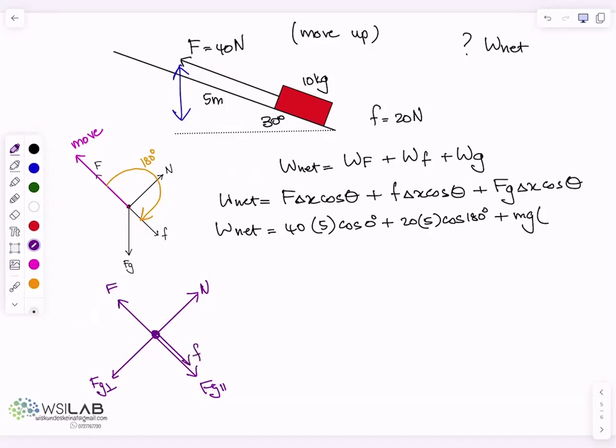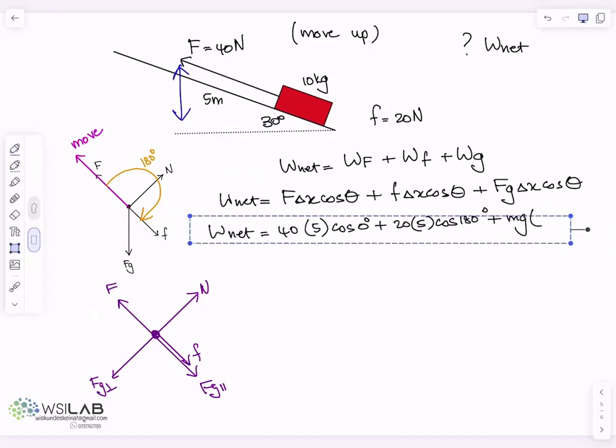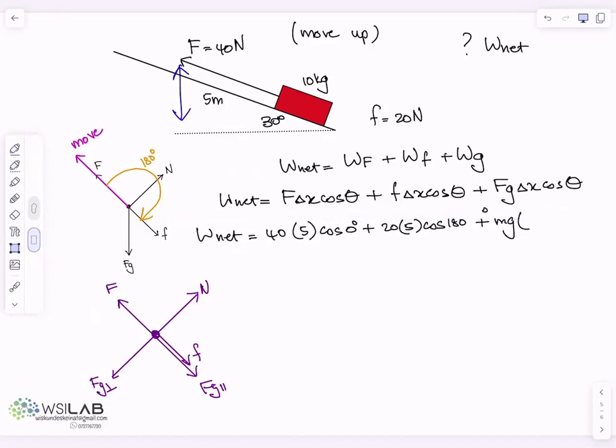So I'm going to take that Fg component, and I'm just going to make a little bit more space here for myself. I'm going to take that component and say that is not just mg, that's Fg parallel.